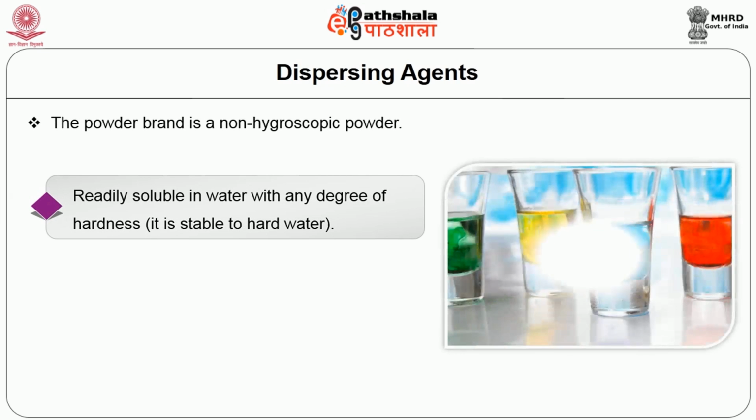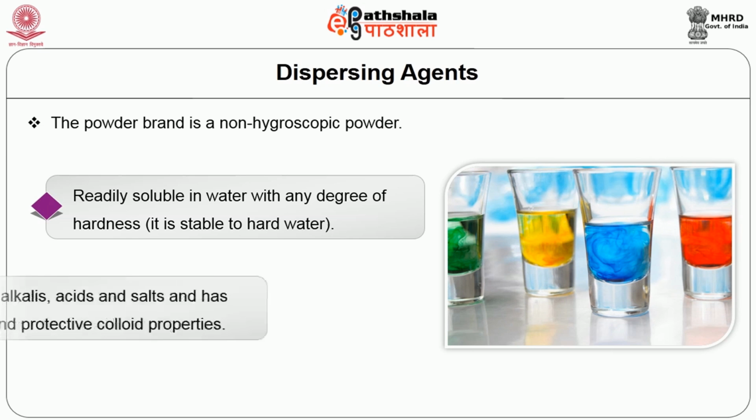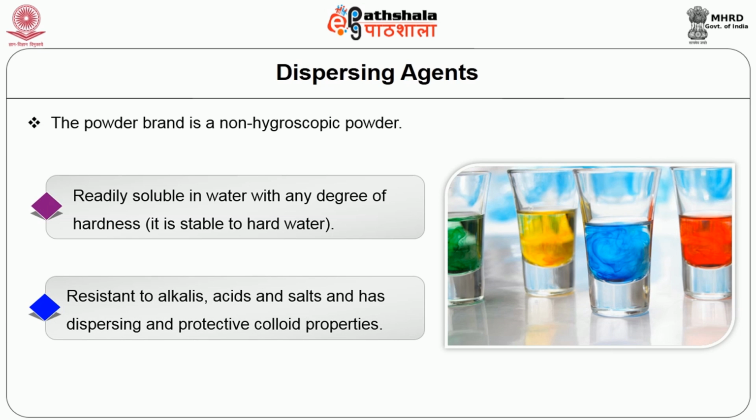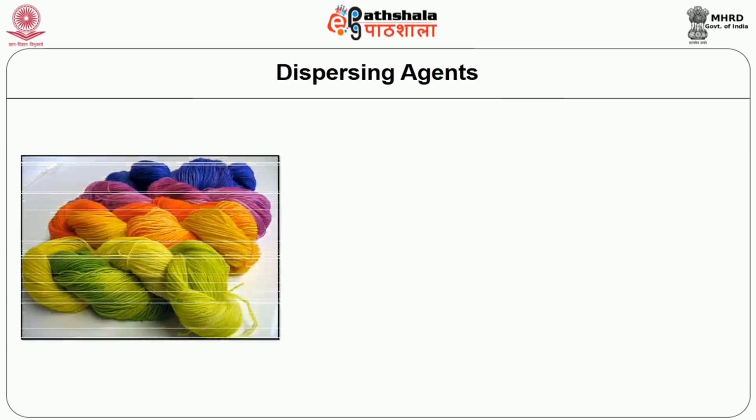The powder brand is a non-hygroscopic powder that is readily soluble in water with any degree of hardness. It is resistant to alkalis, acids, and salts and has dispersing and protective colloidal properties. It finds use in the dyeing of vat dyes by the vat acid process, also in dyeing with disperse dyes, solubilized vat dyes, and azoic colors.